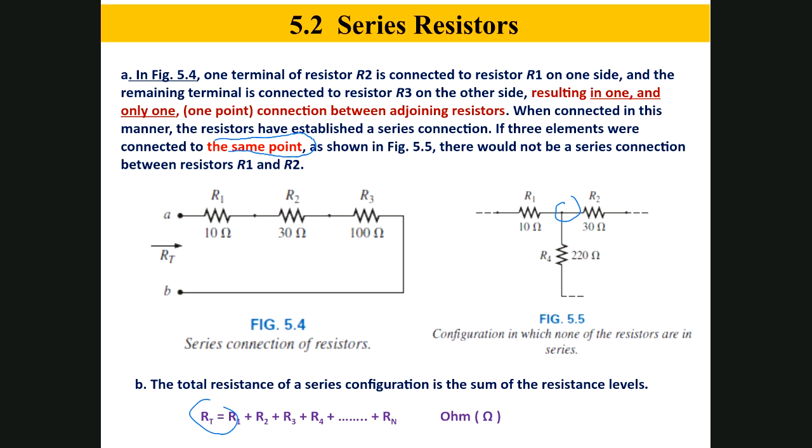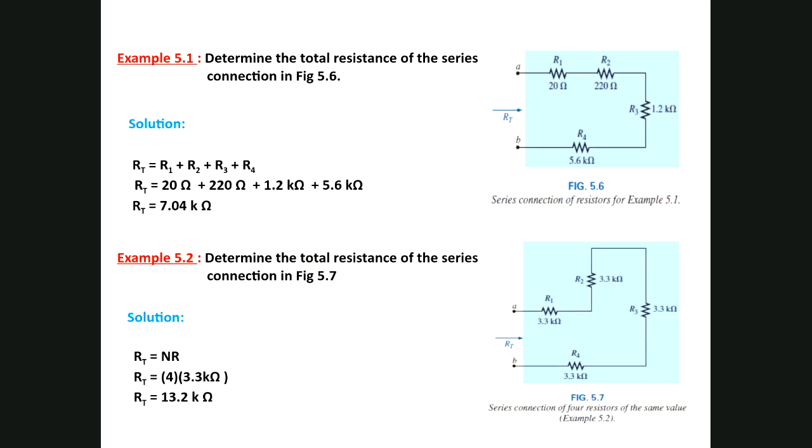For example, just to emphasize the main concept, here we have four resistors. R1 with R2 are joined together at one point, R2 with R3 again at one point, and finally R3 with R4 again at one point.